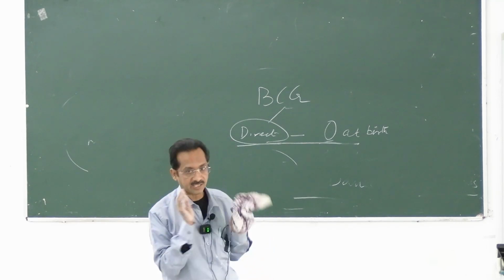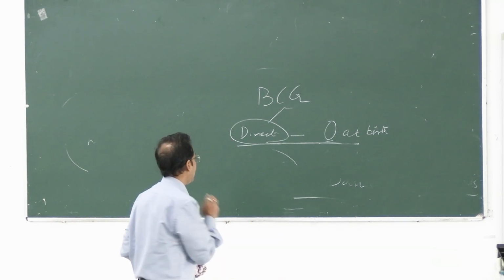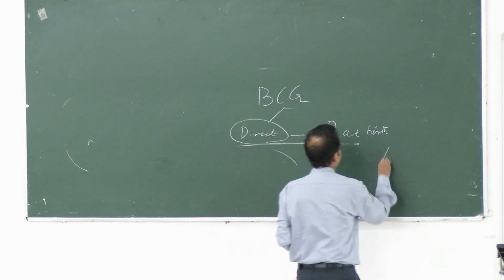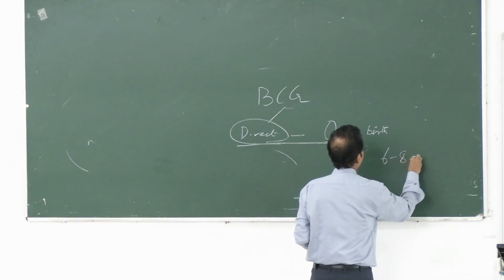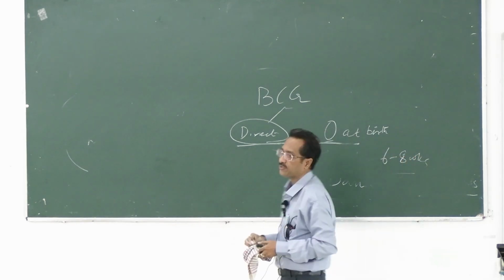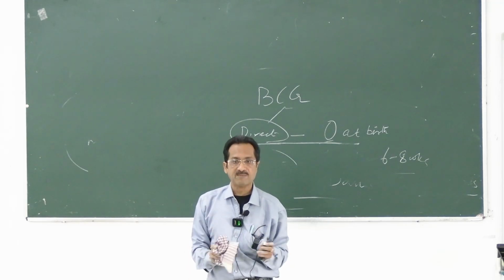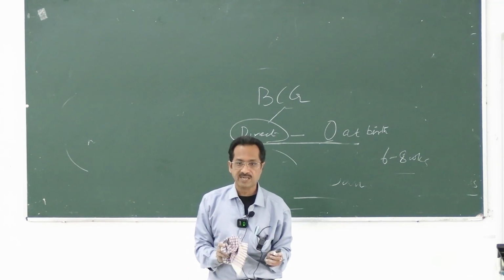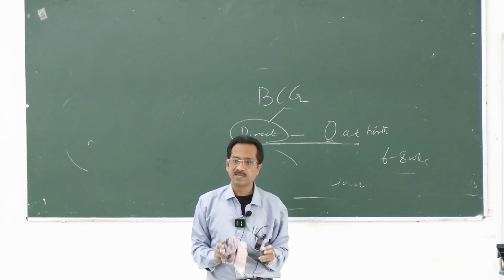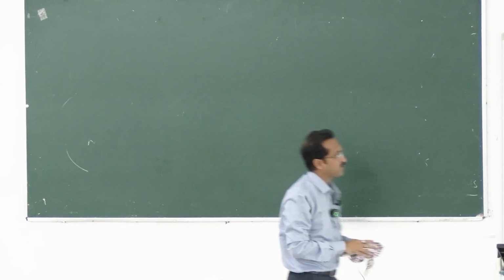There will be a healthy scar at 6 to 8 weeks. So intradermal, Danish 1331 strain of Mycobacterium bovis, given below the insertion of deltoid, and a healthy scar after 6 to 8 weeks. Any question from your side?